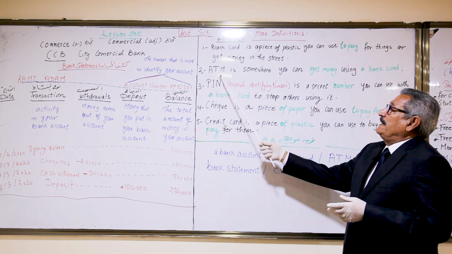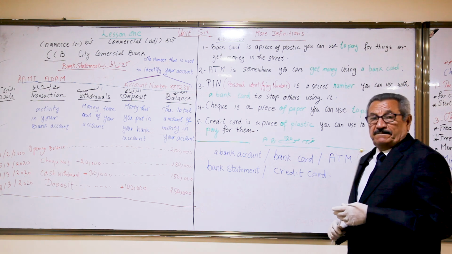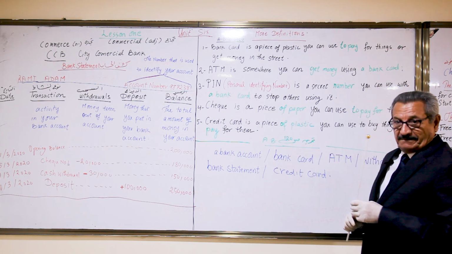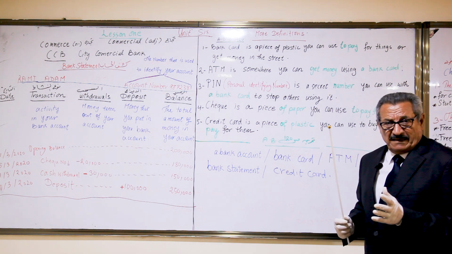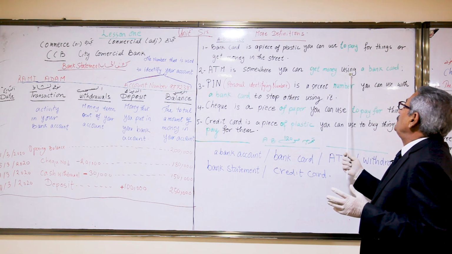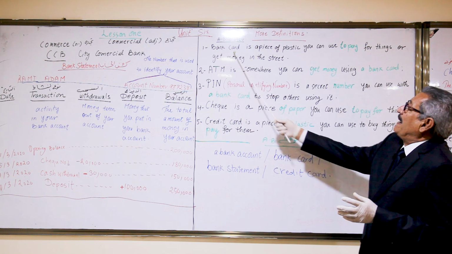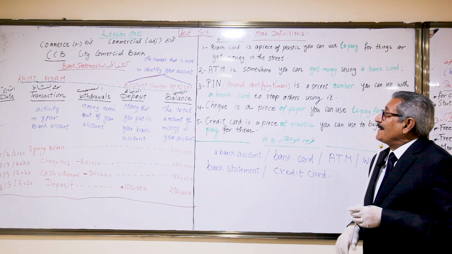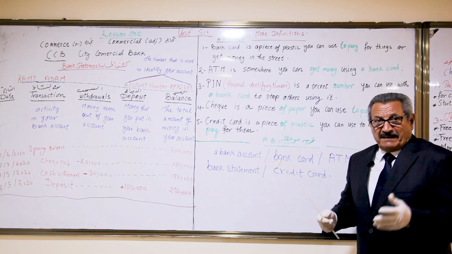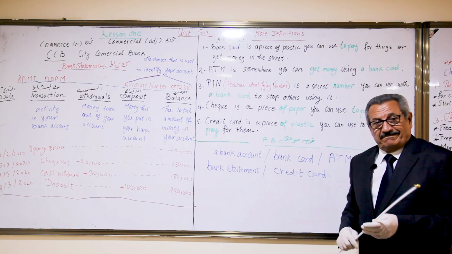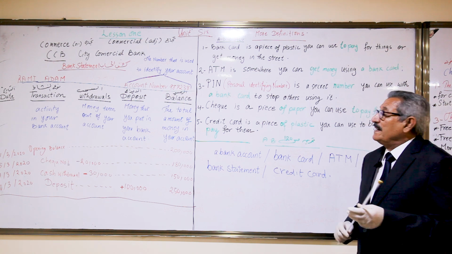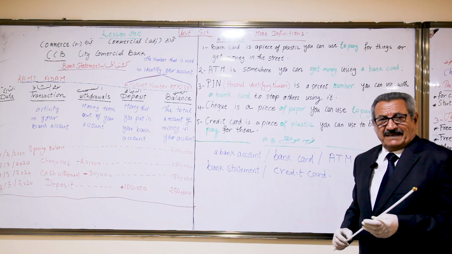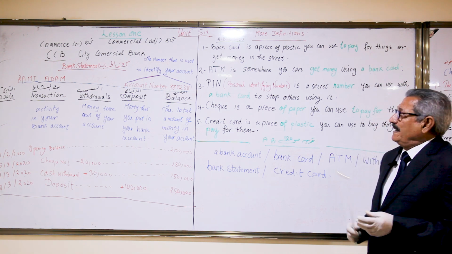Well, إذن ATM is somewhere, وذلك المكان you can get money الذي نحصل عليه بالمال using باستخدام البنك كارد. A bank card. Or there's another definition for ATM is a machine. Machine, you can withdraw cash from. تستطيع أن تسحب منها النقود.